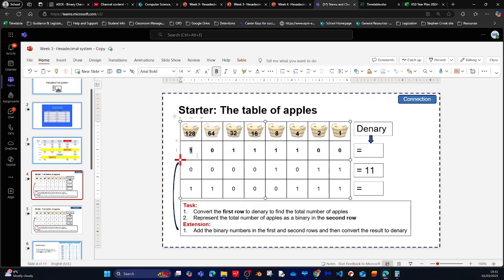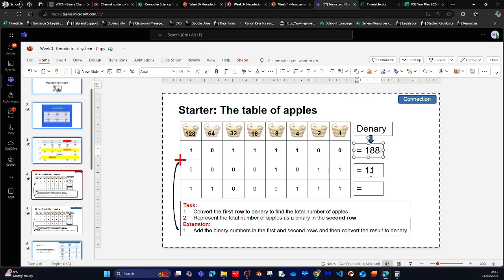If there is a 0, there is no existence. So the 128 exists, but the 64 doesn't. Then the 32 exists, then the 16, and the 8 and the 4. If we add everything together, 40 plus 20 is 60, plus 128, that's 188. So we have our conversion. That's as simple as that.